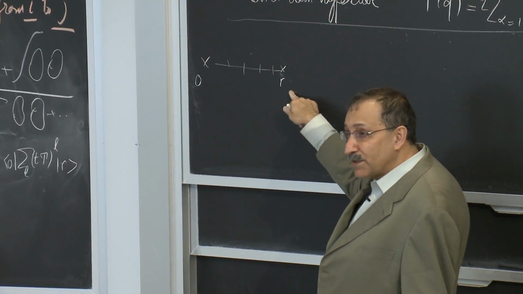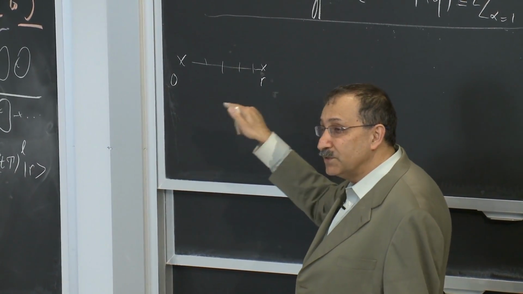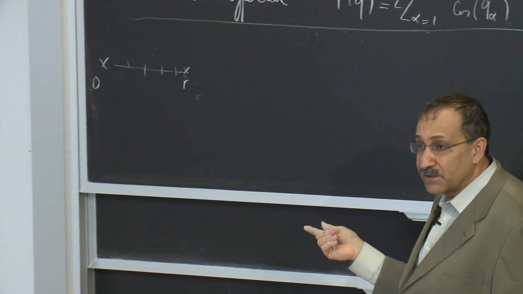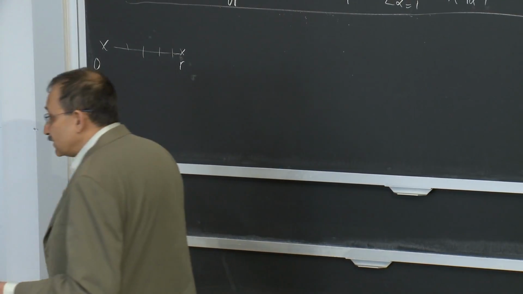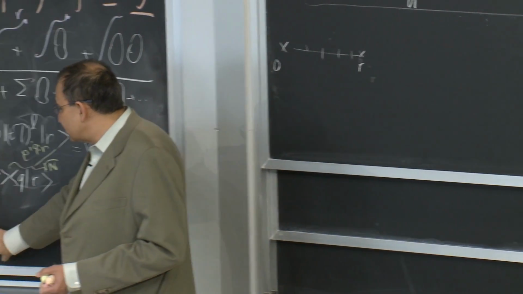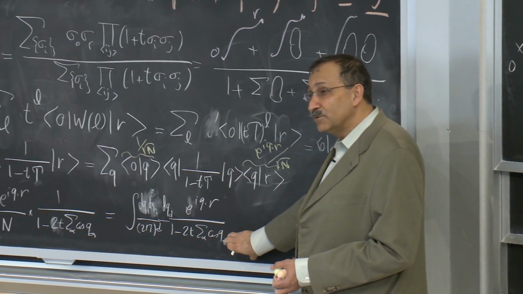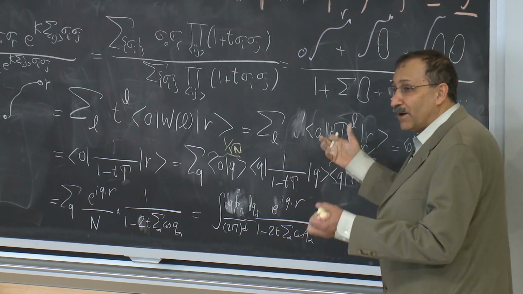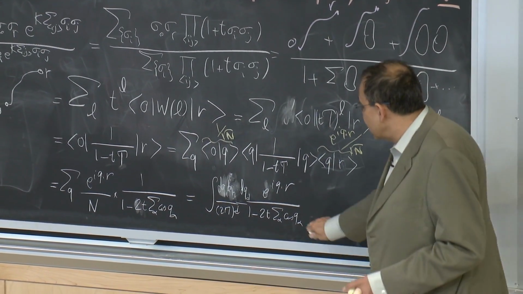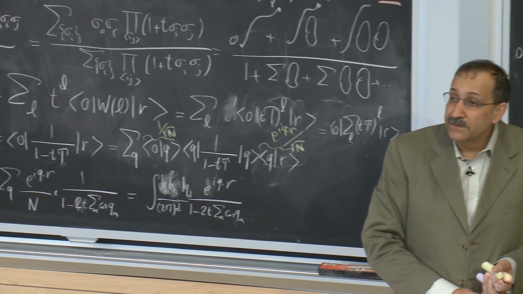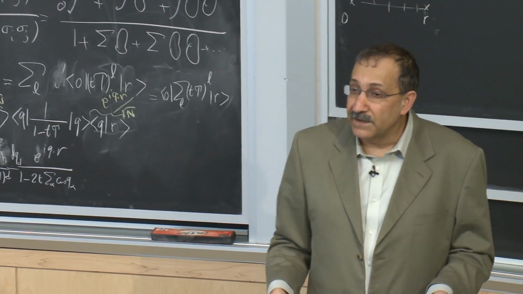Now, when I integrate over qx, the integral of e to the I qx times r would go to 0. The only way that it won't go to 0 is from the expansion of what is in the denominator. I should bring on enough factors of e to the minus I qx, which certainly exist in these cosine factors, to get rid of that.